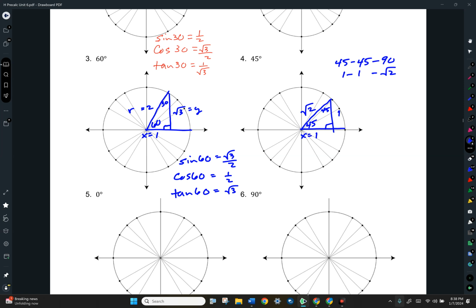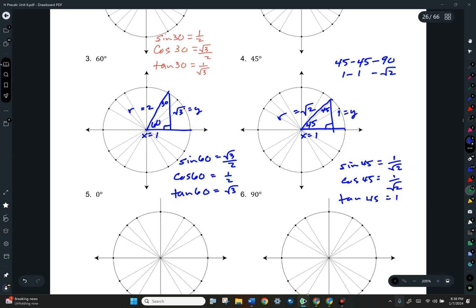So x is 1, y is 1, and r is square root of 2. So the sine of 45, y over r, is 1 over square root of 2. Cosine of 45, 1 over square root of 2. And the tangent of 45 is going to be 1.